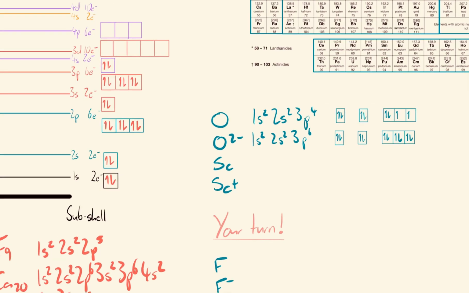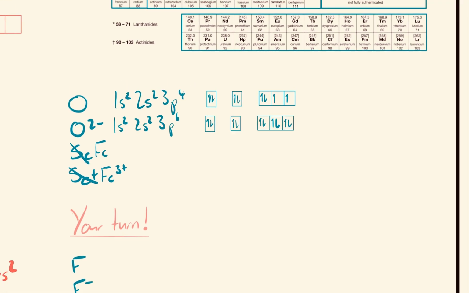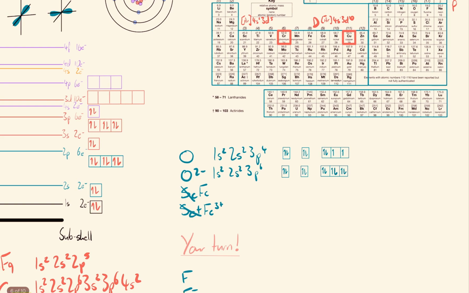Okay. Instead, let's do iron here and Fe3+. We'll do shorthand just to save us. So Fe is here. We'll start with the Ar. So we've got Ar 4s2, 3d 1, 2, 3, 4, 5, 6.